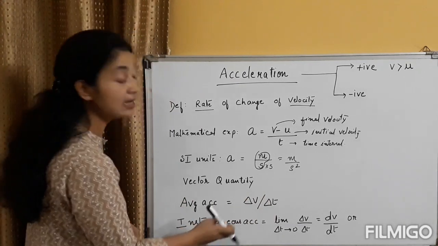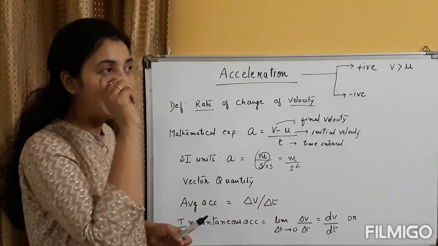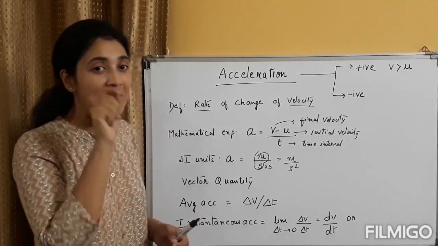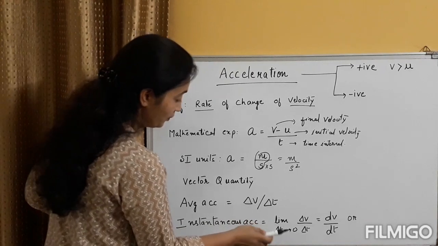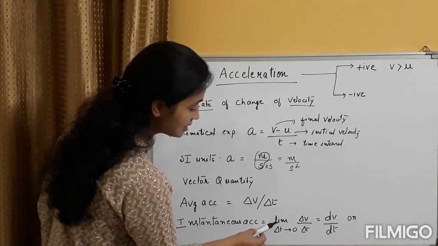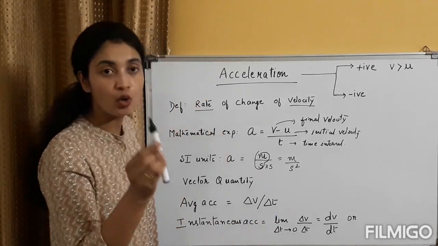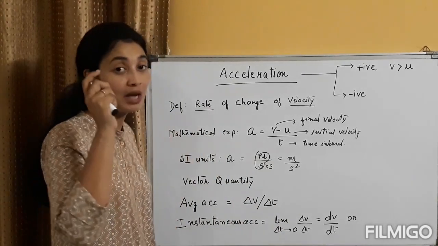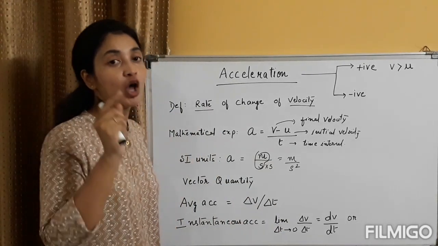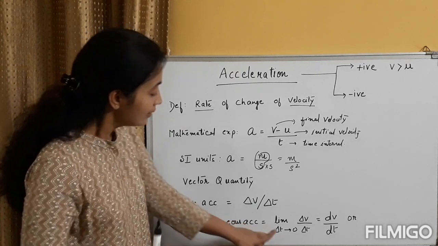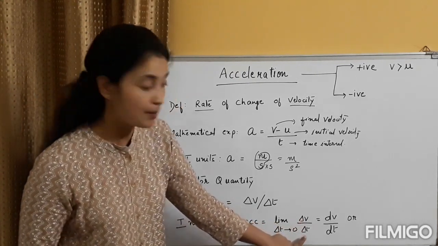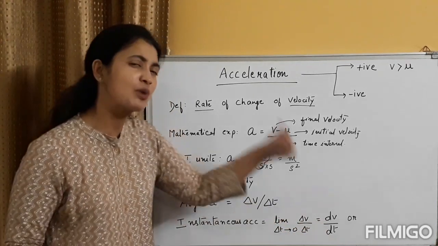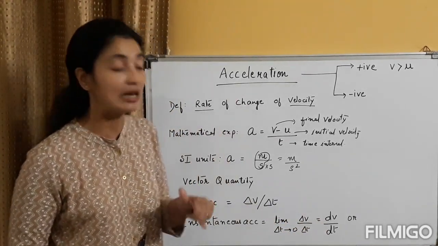Instantaneous acceleration, acceleration at a particular instant, can be derived when you take limits, delta t tends to 0. That means when the time interval becomes so small that it almost approaches 0, delta v by delta t becomes dv by dt. This we have already seen when we were studying calculus.